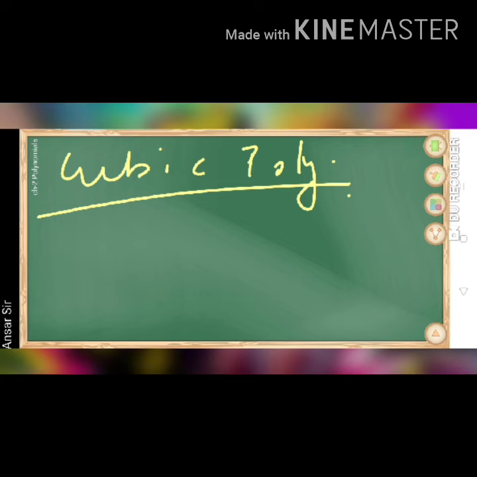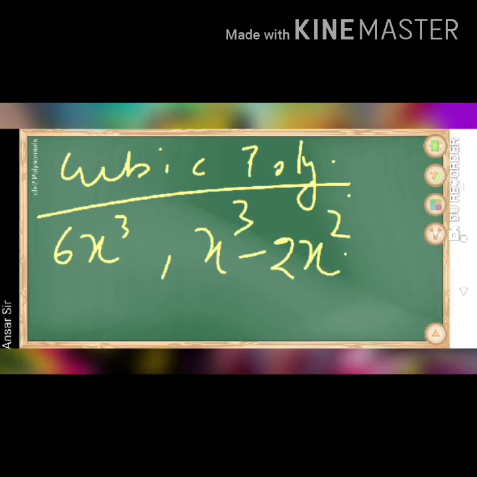Next is the cubic polynomial. A polynomial of degree 3 is called a cubic polynomial. For example, 6x cube or x cube minus 2x square plus 3. Here the degree is 3, so it is a cubic polynomial.